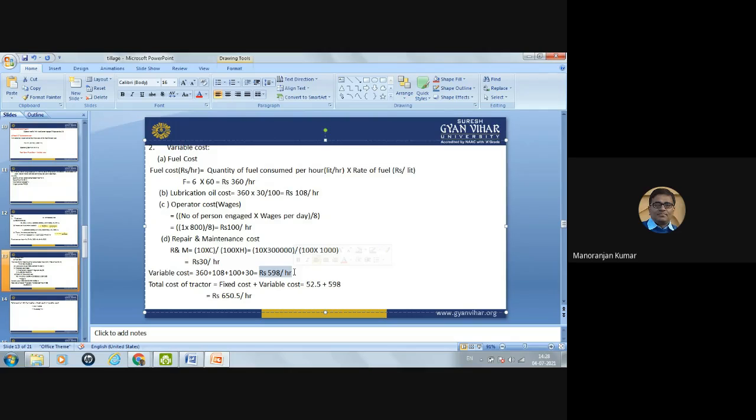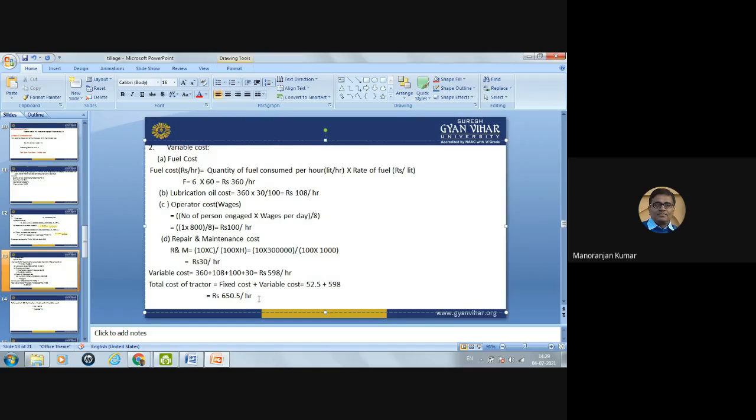So the fixed cost was coming 52.5, and the variable cost is 598. So the answer is 650 rupees 50 paise per hour. In 1 hour you have to charge say 650 rupees 50 paise if anybody is hiring your tractor for plowing or for any other work.